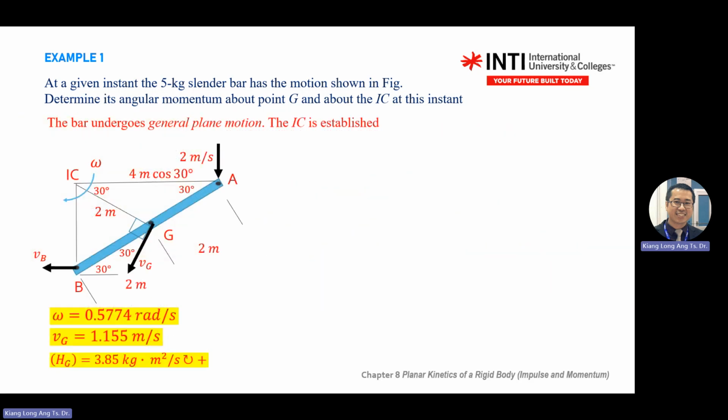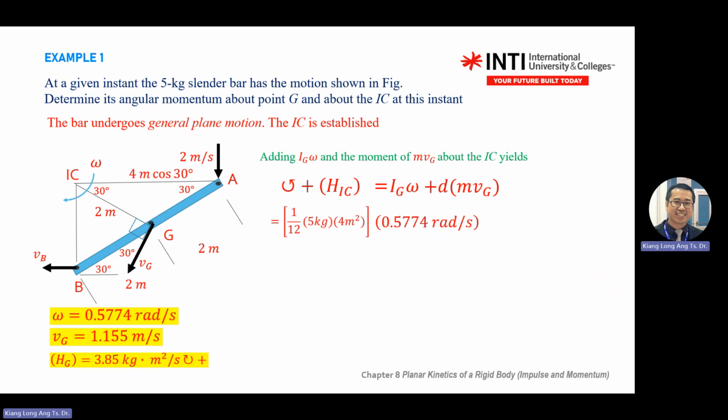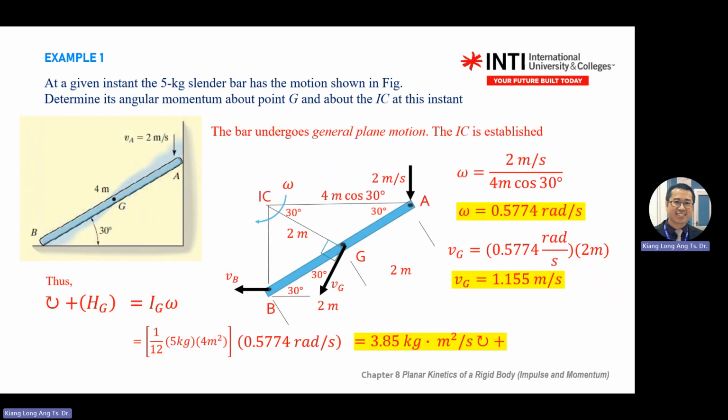Okay, so once you have the rotation angular momentum, if you look at IC, IC is a combination of translation plus rotation. So this one is actually what you already calculated just now.